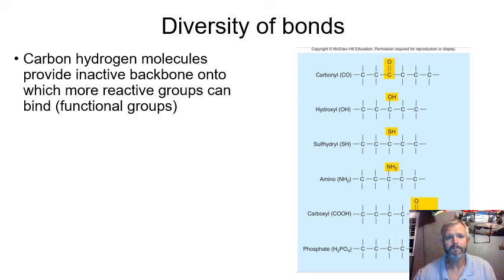Okay. So diversity of bonds, again, carbon and hydrogen molecules make the backbone, okay, and they can be bound to what we call more reactive groups, functional groups. Functional groups have to do with certain types of bonds that we would find in molecules.